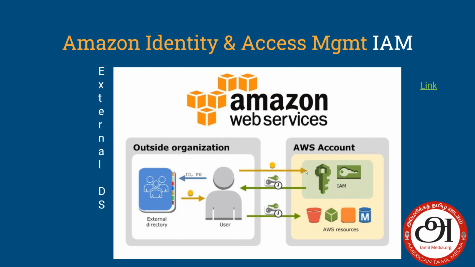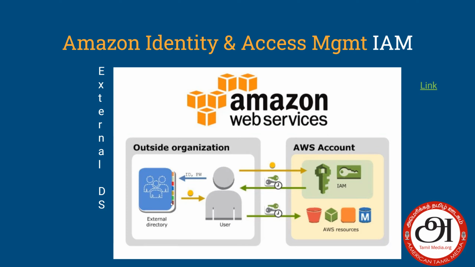And over there, your account is configured to integrate with your corporate directory services. So the IAM will forward your request to your corporate directory service. This is also otherwise called single sign-on, right? SSO. You might have come across that.